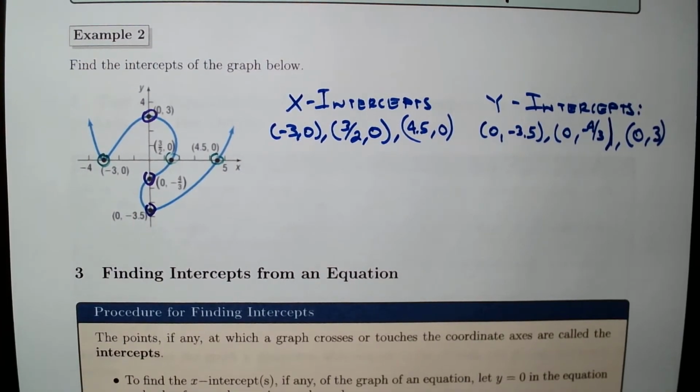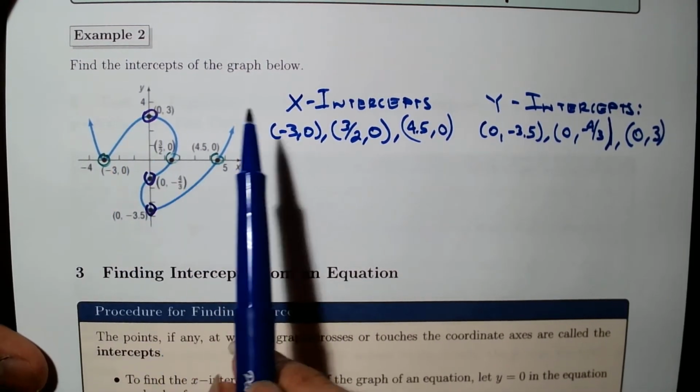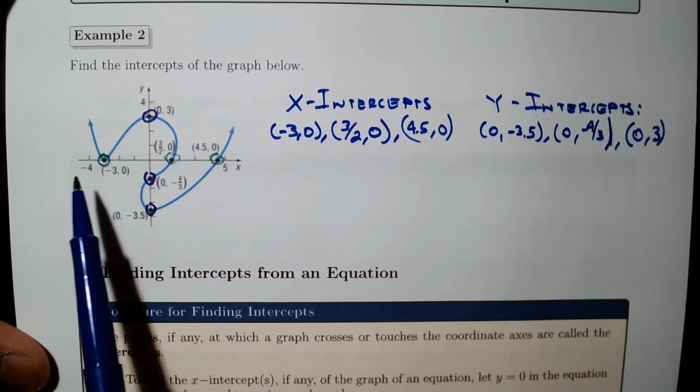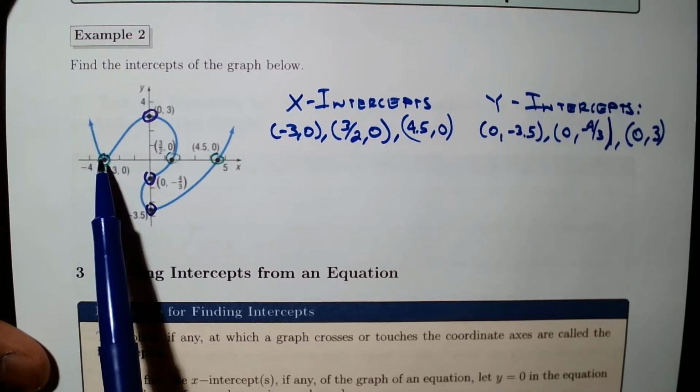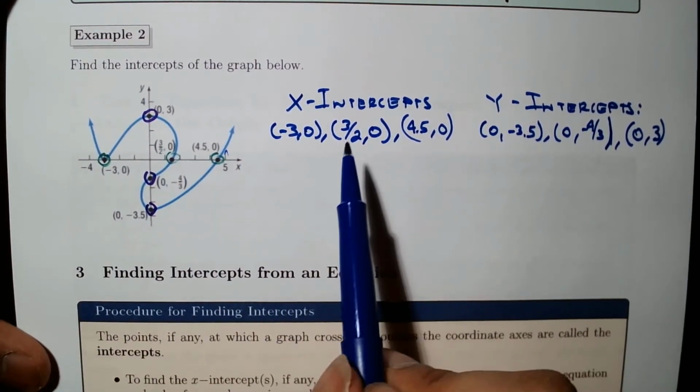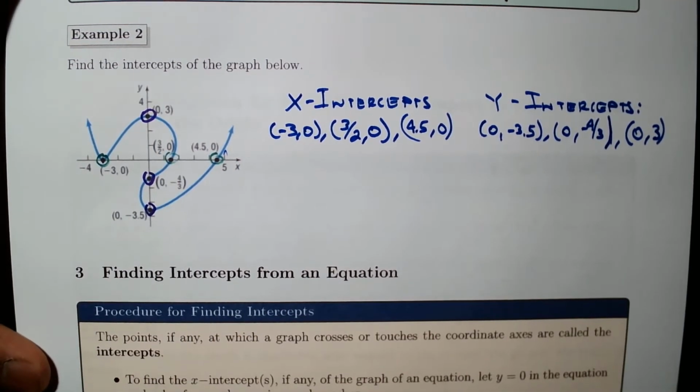Alright, so that's what we do to find the intercepts of a graph by looking at the graph. Again, just look at the points that either touch or cross the axis: the x-axis for the x-intercepts, the y-axis for the y-intercepts.